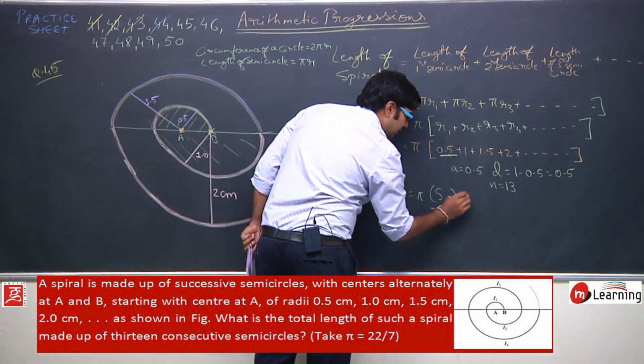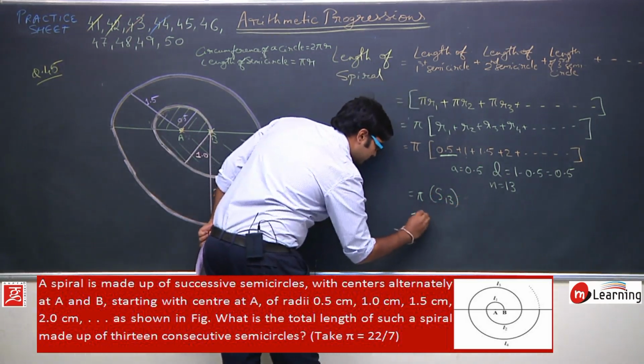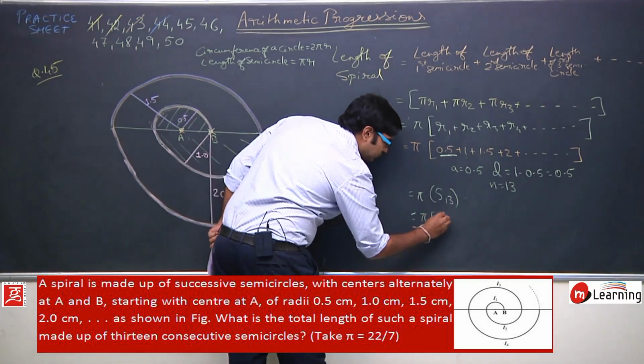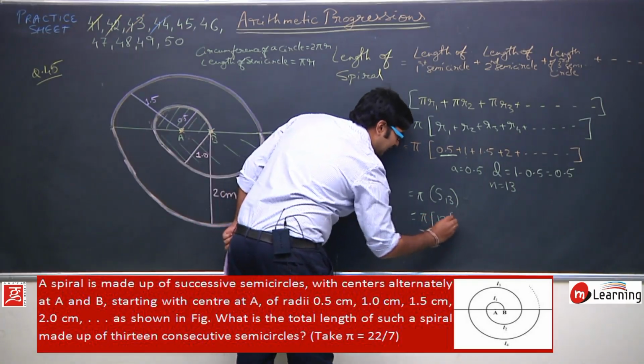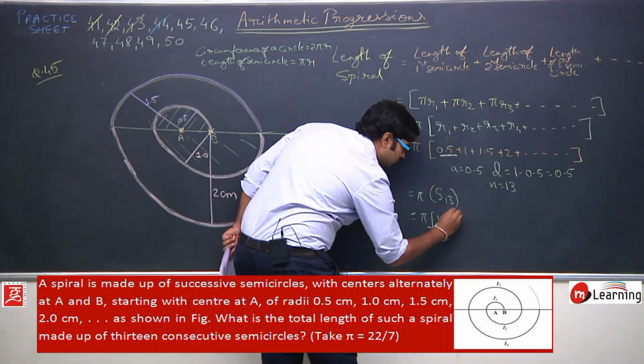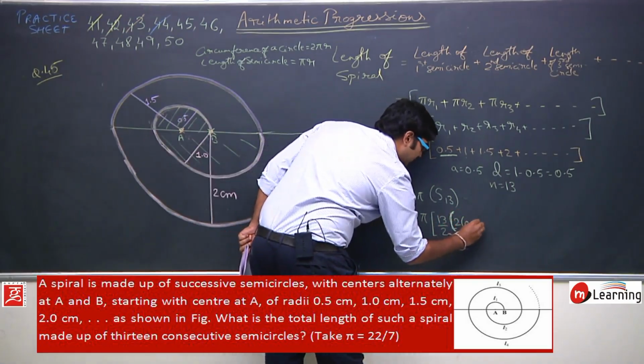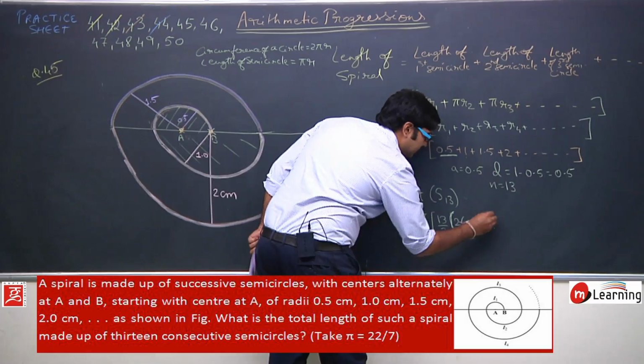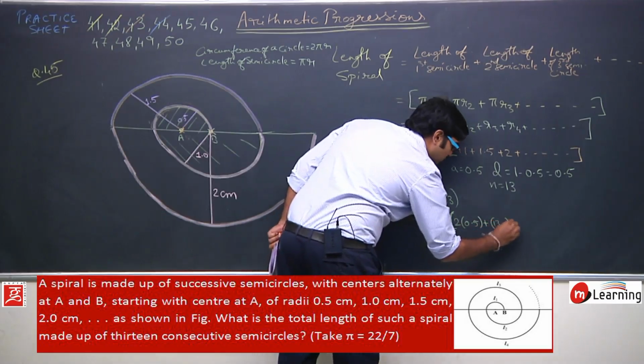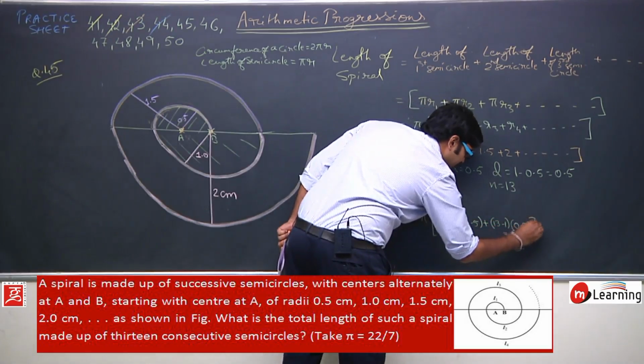So this will be pi into the bracket n by 2, that is 13 by 2, into the bracket 2 times a, 2 times 0.5, plus n minus 1, n is 13 minus 1, into d, which is again 0.5.